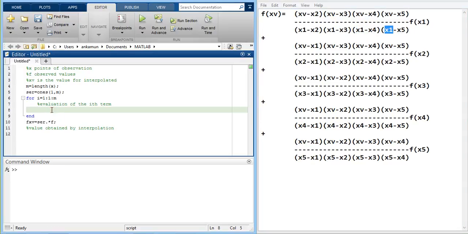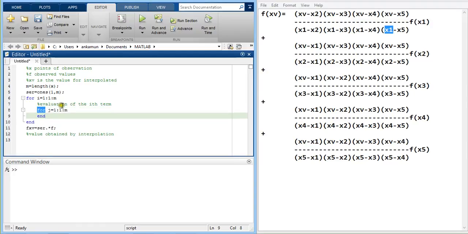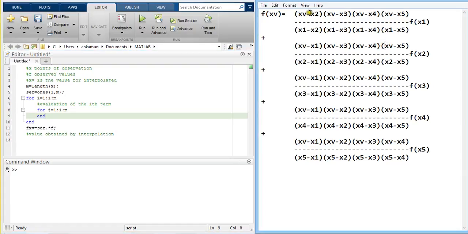So I build another loop which varies the term after the minus sign in every difference.